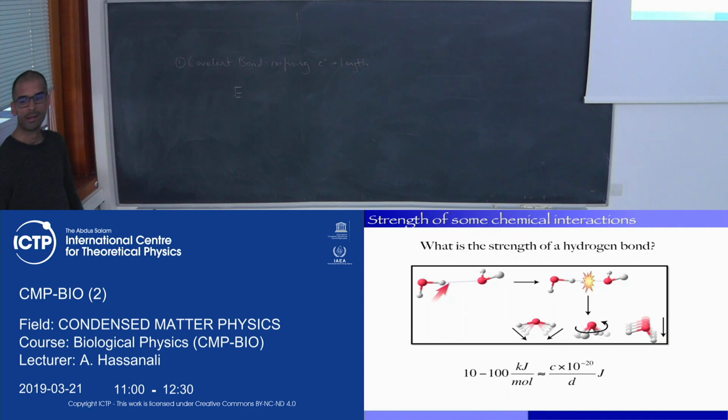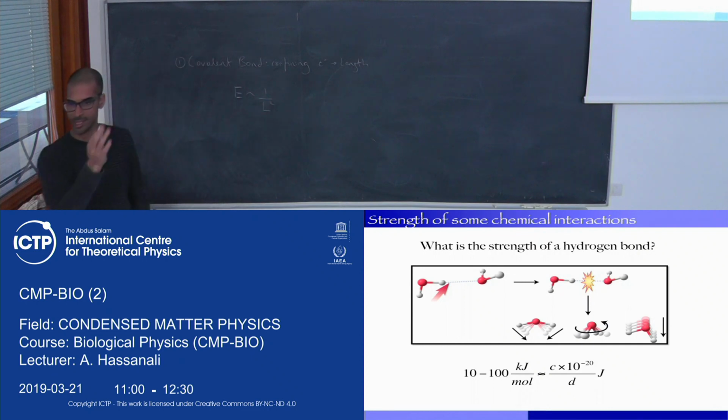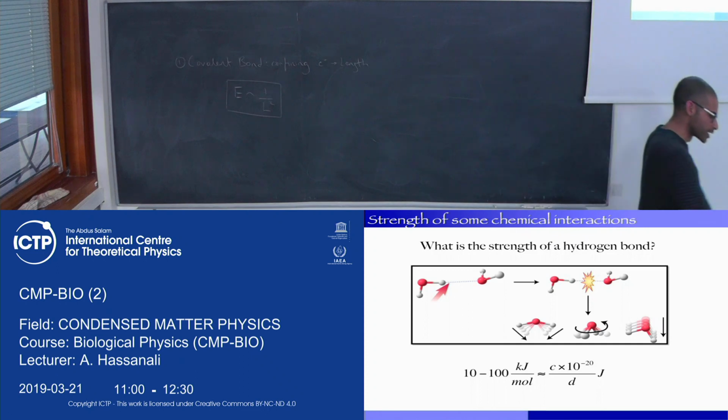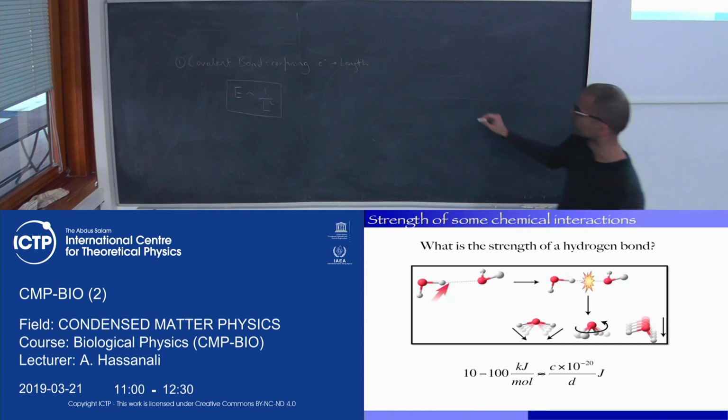Energy goes as 1 by L square, n square, and then there's an h bar square and so on. Okay. So I have one formula that allows me to understand how energy scales as a function of length for the particle in a box.